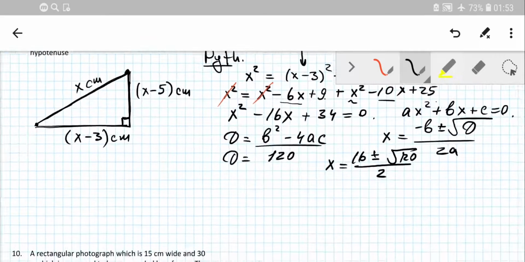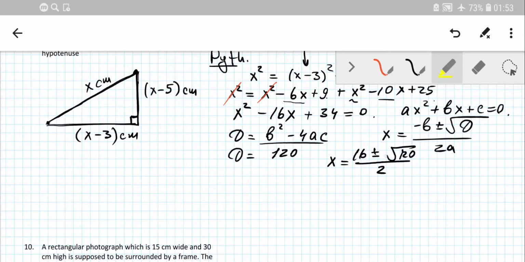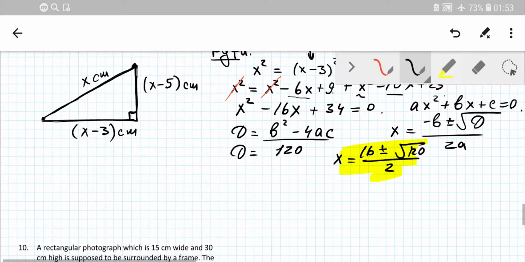Now I've got an expression for x. I will have several solutions, because even if I subtract the square root of 120, I'll still have a positive solution for x. Only a negative one doesn't work.